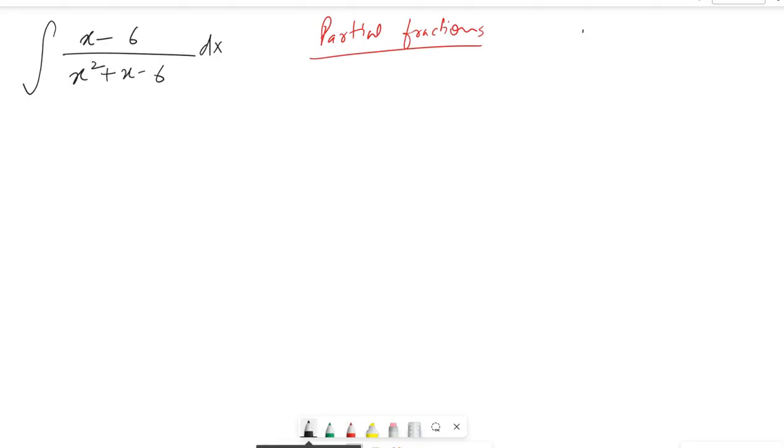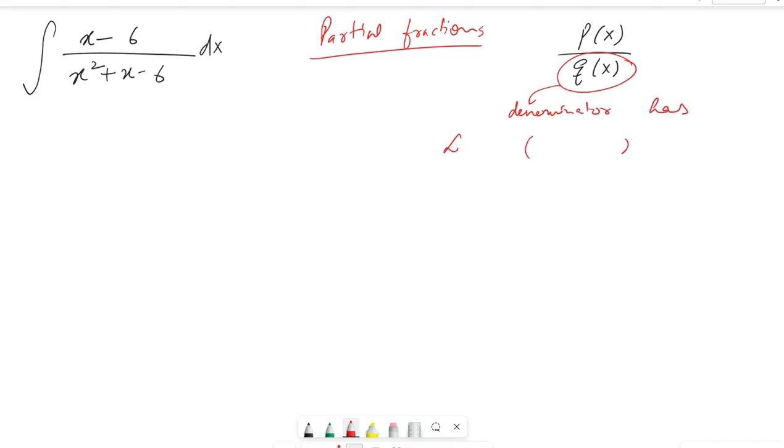Partial fractions are used when we have to integrate a rational function where the denominator has linear and non-repeating factors. Okay, so let's show you what that means.